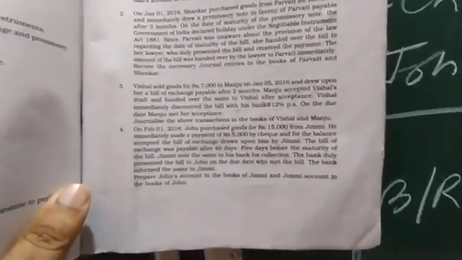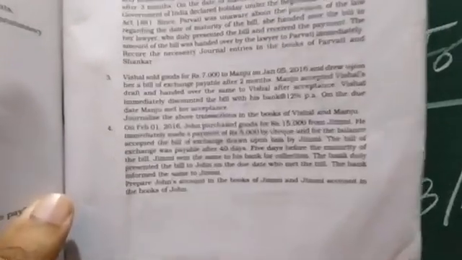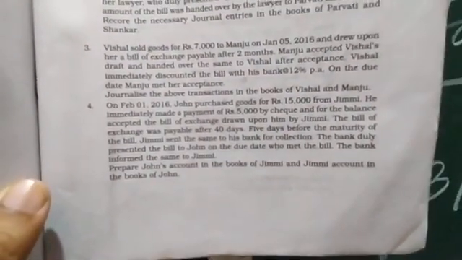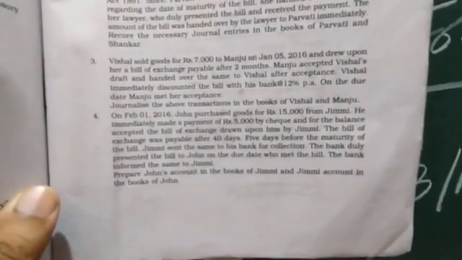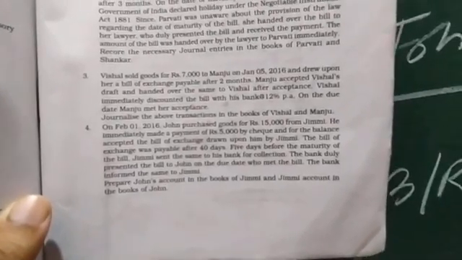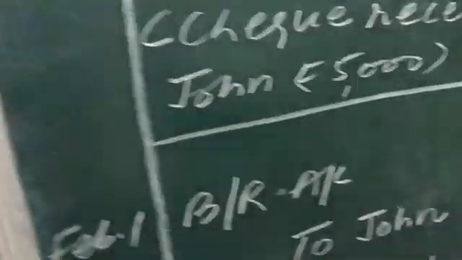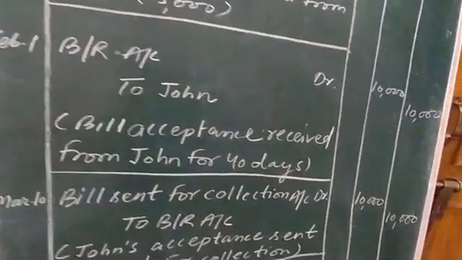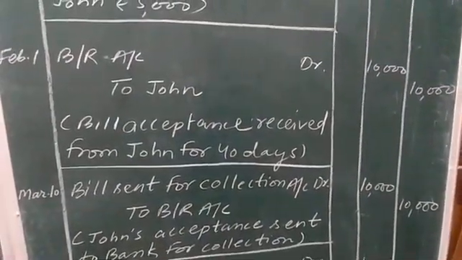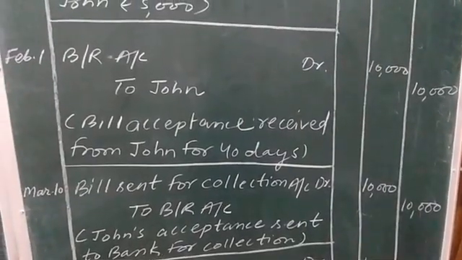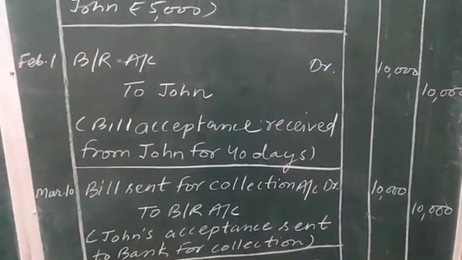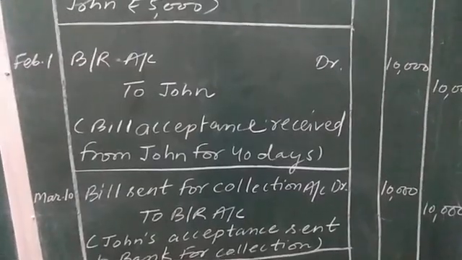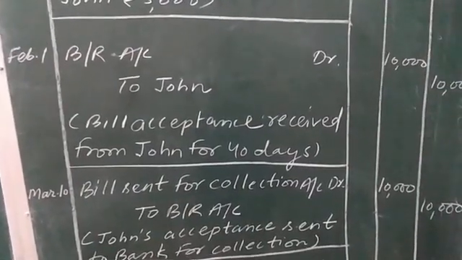Going 5 days back gives March 10. Jimmy sent the same bill to his bank for collection. Due to lack of time, the bill was sent by Jimmy to the bank for collection purpose.